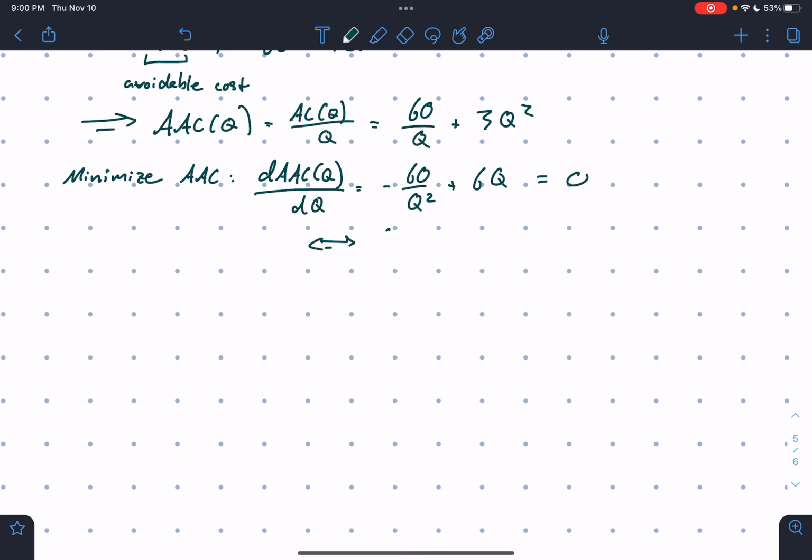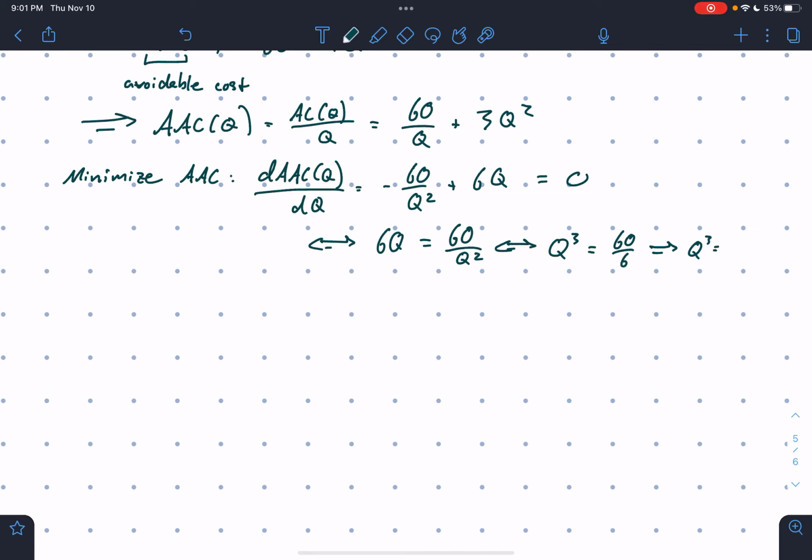So this holds when 6q is equal to 60 over q squared. In other words, I have q squared is equal to 60 over 6. So q squared, not q squared, q cubed is that. So q cubed is 60 over 6.